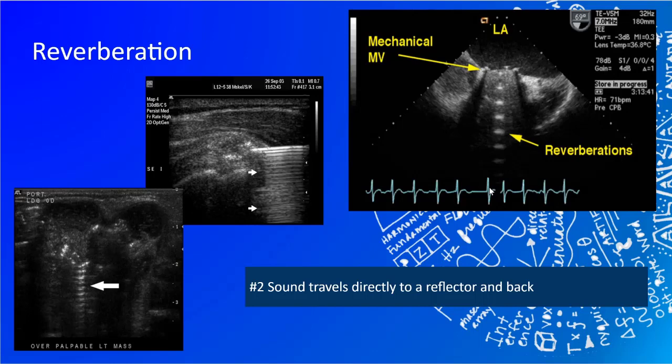Now the biggest way that you're going to fix reverberation is really just coming at the area in another window. Sometimes it's going to be unavoidable, especially with like our needle procedures. The needle just really interacts with the sound differently than soft tissue does, just like the mechanical valve. Those kind of artificial, not natural structures that are within the body can quite often cause these reverberations.